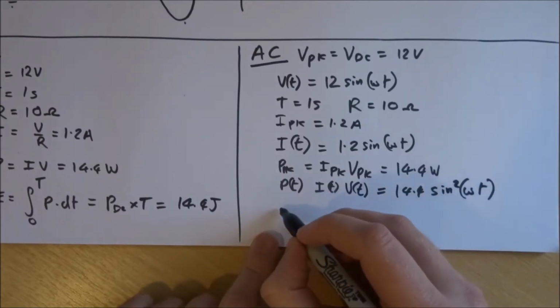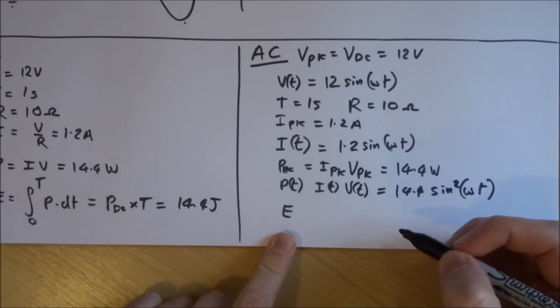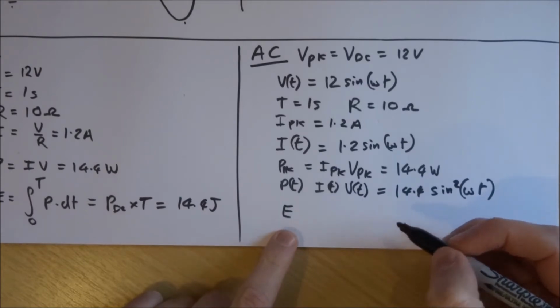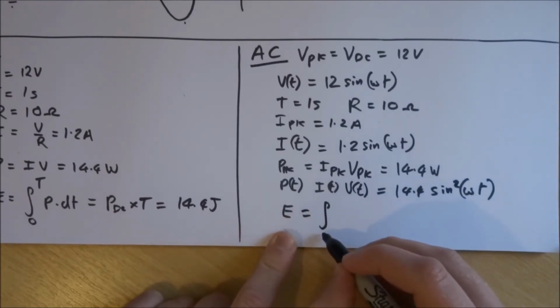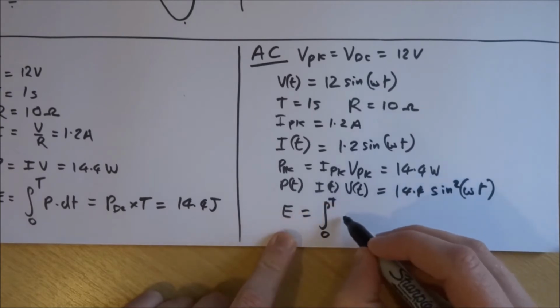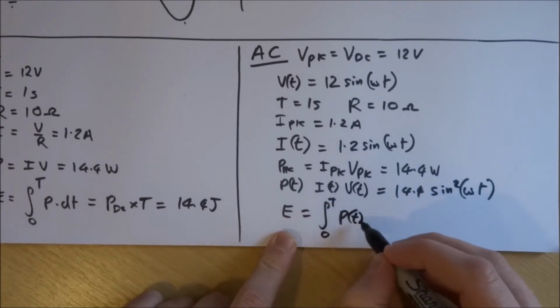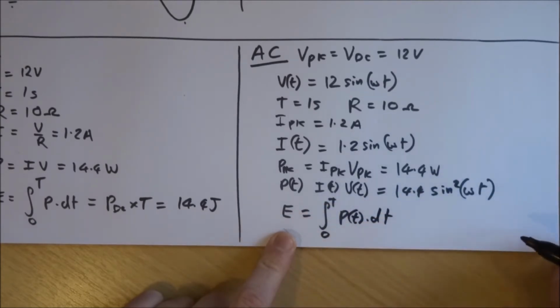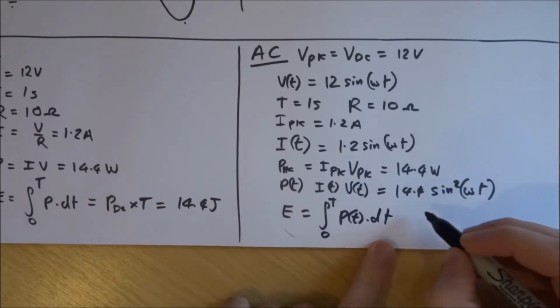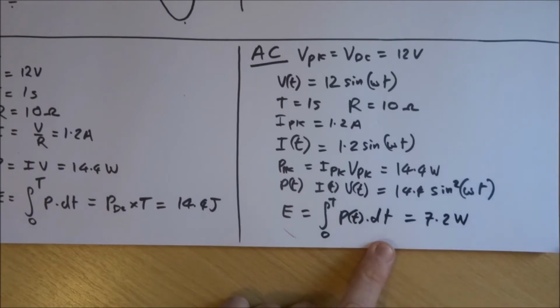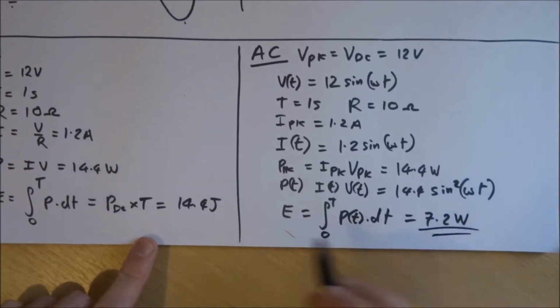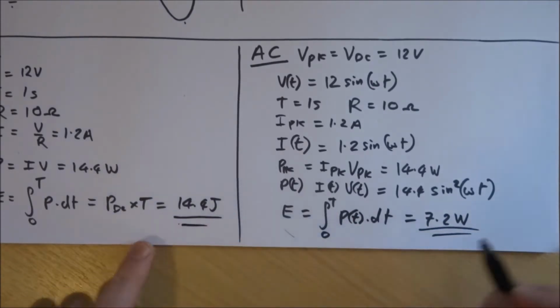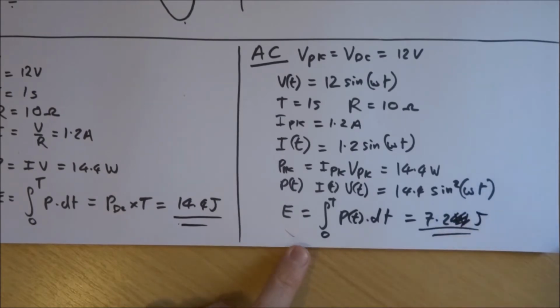And if we then want to calculate the energy that has been dissipated in the resistor over this time period, capital T, we integrate that power waveform, P of t, and that will bring us out a value. If you do the sums, that comes out at 7.2 joules.